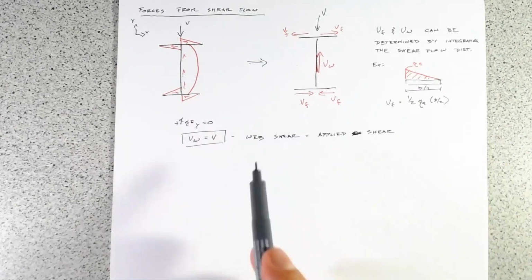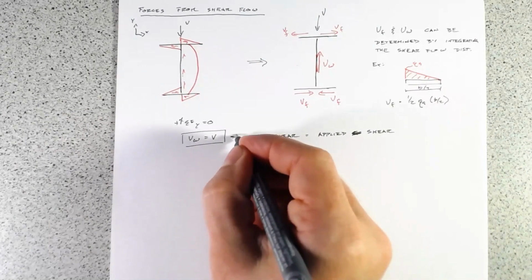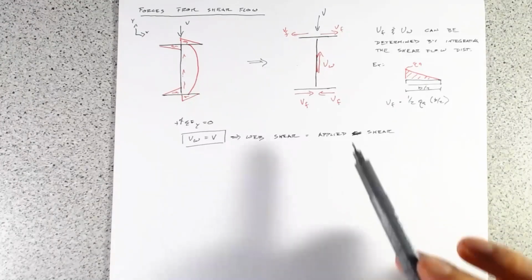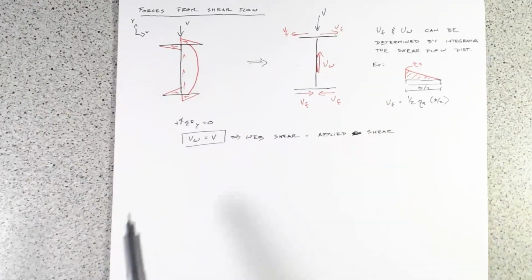As a side note, this is an even better support for our assumption that when we're dealing with an I section, we can look at our applied shear to determine shear stress, and we can look at just the web as the contributor to that.